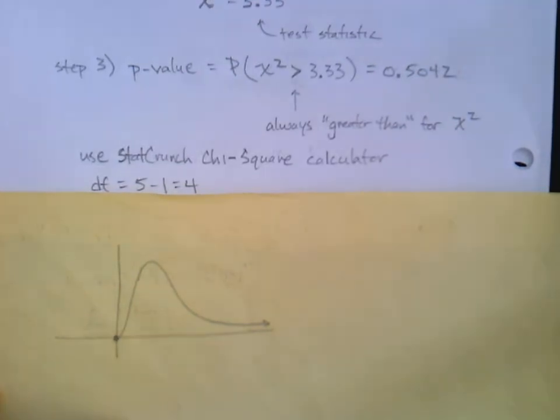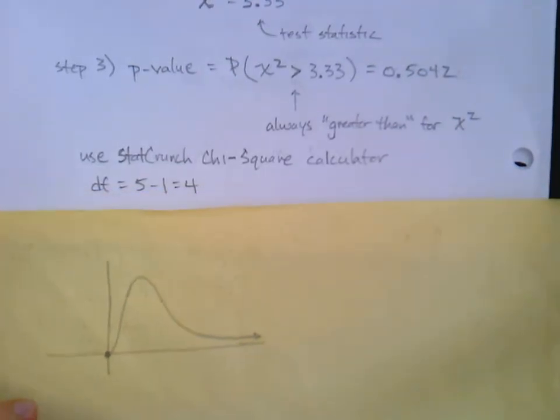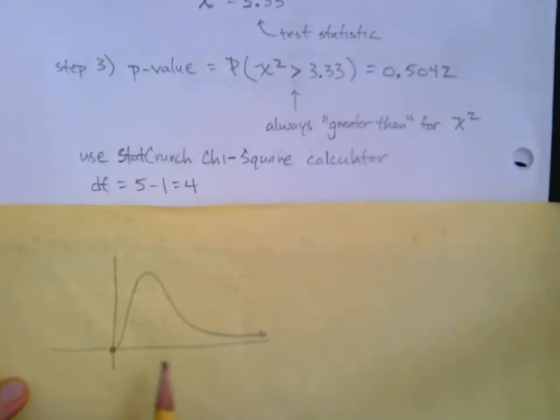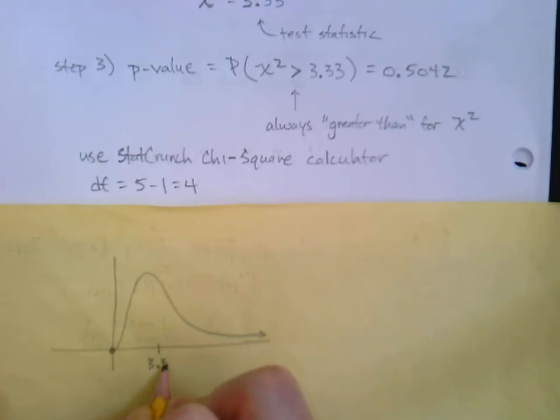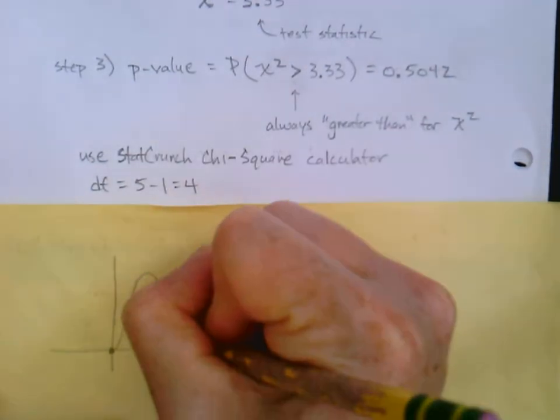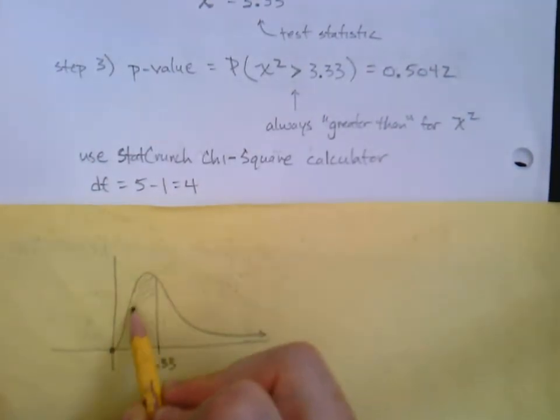So it just stops right there. So what we're doing when we find this p-value, depending on your degrees of freedom, 3.33. I have no idea where it really is for our graph, but I'm just going to guess right there. So 3.33, and then think of that area behind.